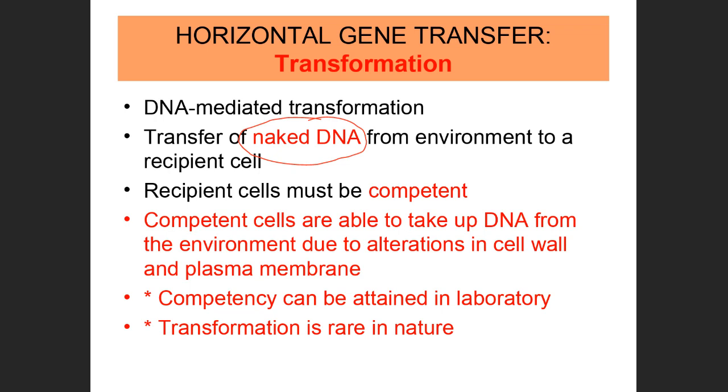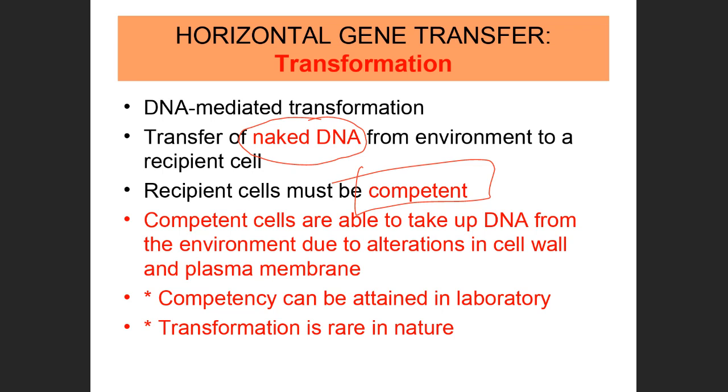And a cell normally will never take foreign DNA unless the cell is made competent, meaning that the cell may have weakened membranes, weakened cell wall, maybe pores in the cell wall, and the DNA manages to go in. So competent cells are able to take up DNA from the environment.